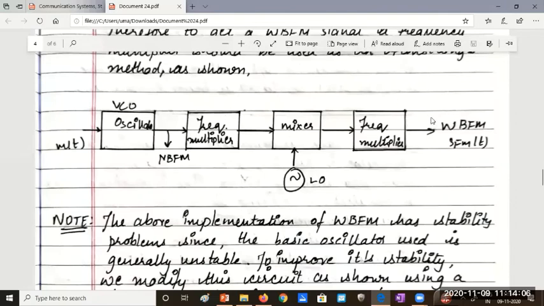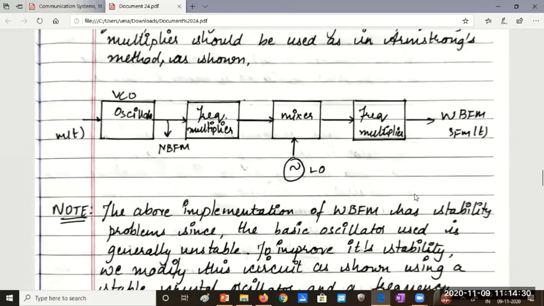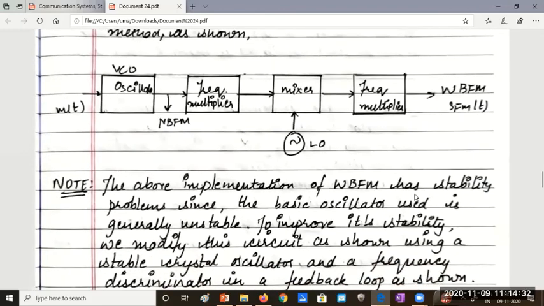And in between the two values, I should always use a mixer because I should get the carrier frequency within the FM transmission range. That's all you remember. Why do we use this mixer? To get the final carrier frequency within the range of FM transmission frequency 88 to 108. I think this implementation is called indirect method or Armstrong's method.